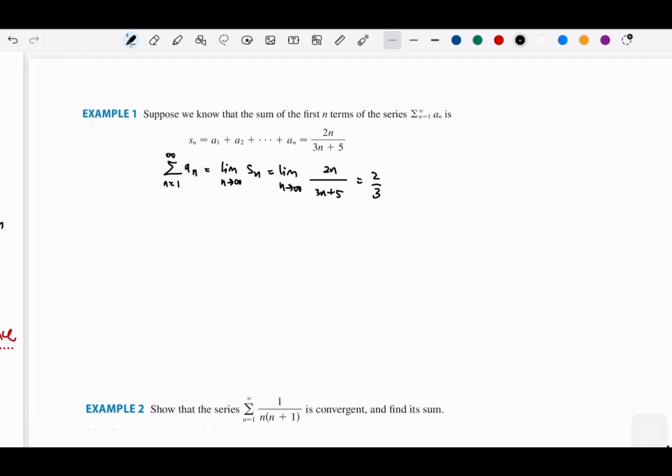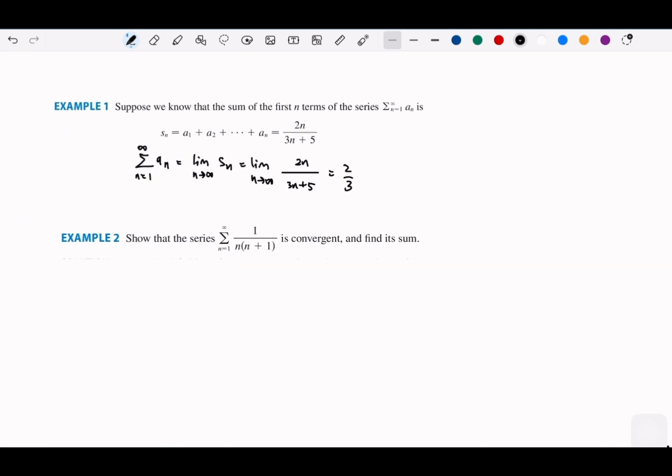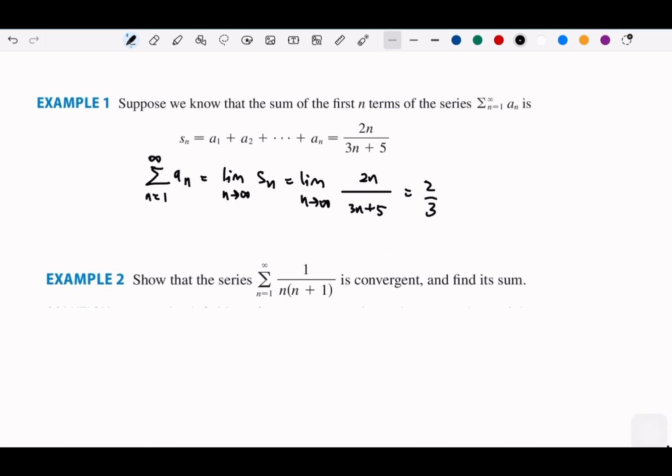Okay, now another example here. We have the series, the sum of this. Now this is not Sn, this is a sequence.